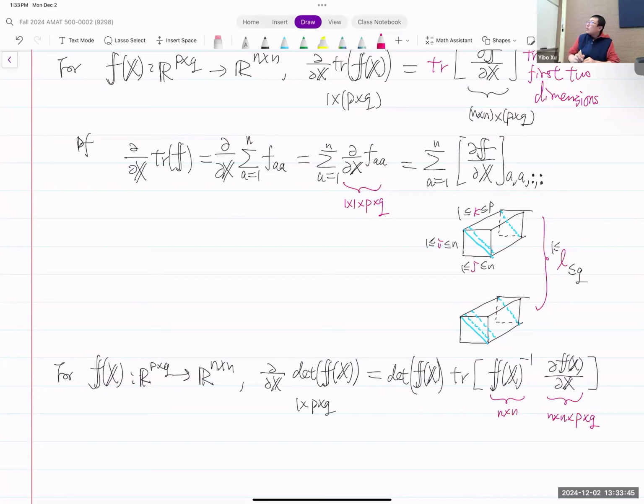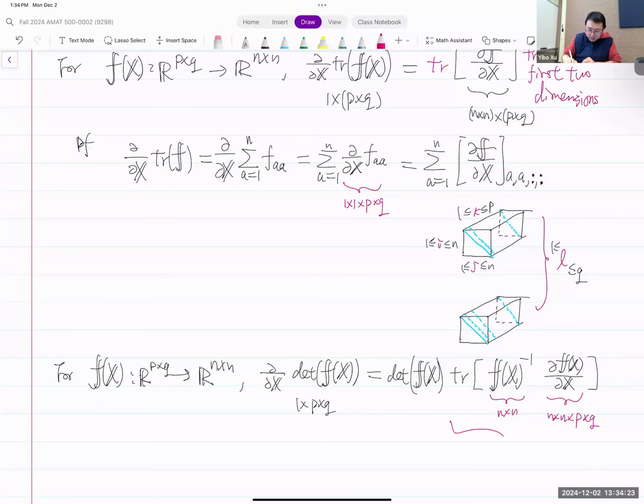So what do I have? I have a square matrix multiplying a tensor on the left. This multiplication is also done in the first two dimensions. You should see that tensor right above: the frontal slices are all squares. So you have f inverse as a square matrix multiplying on the left hand side, and you multiply through all these slices. That gives you still an n by n by p by q tensor. Then do the trace along the first two dimensions.